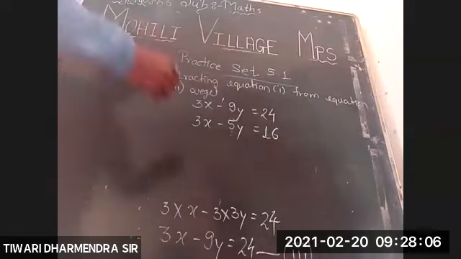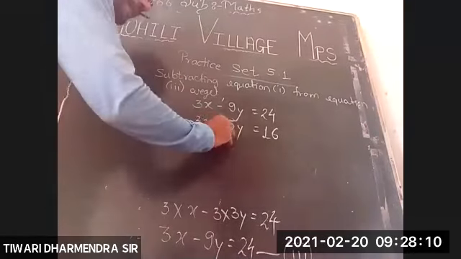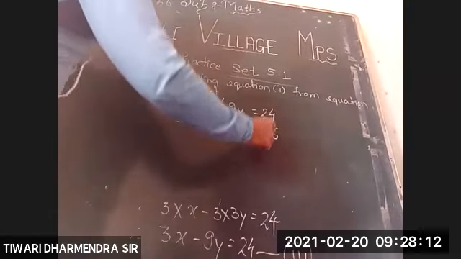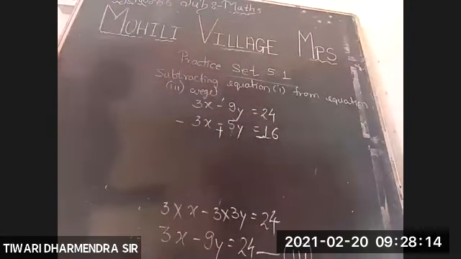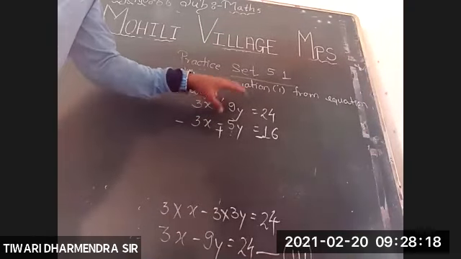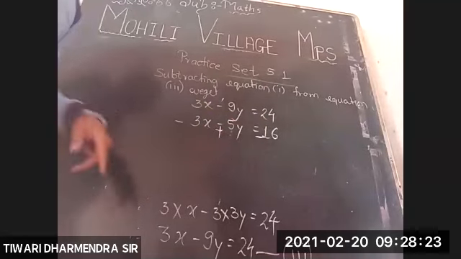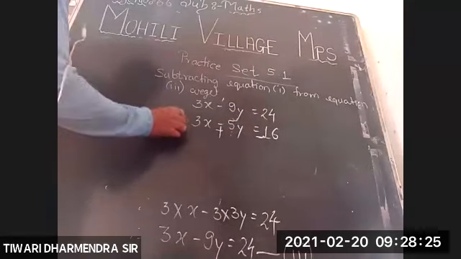So after subtracting, I'm taking a sign of subtraction. So this minus will become plus, and here it is plus, so it will become minus. So sign of the second equation changes. I'm talking about these two equations. This is first, second. So sign of the second equation changes. You can see after taking a minus sign.